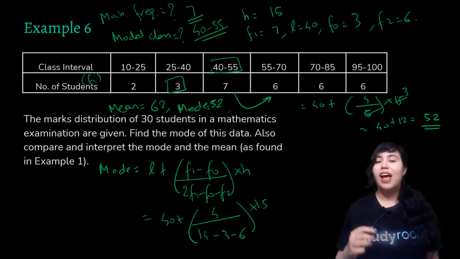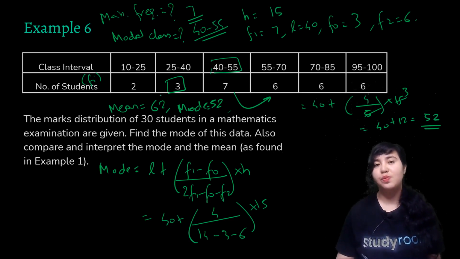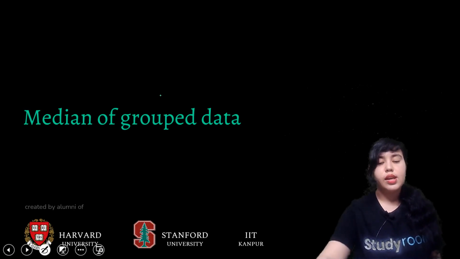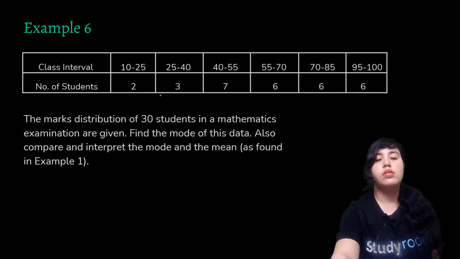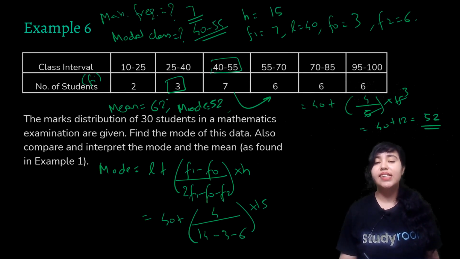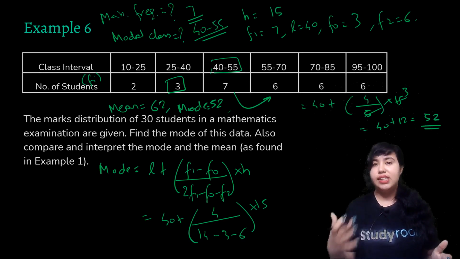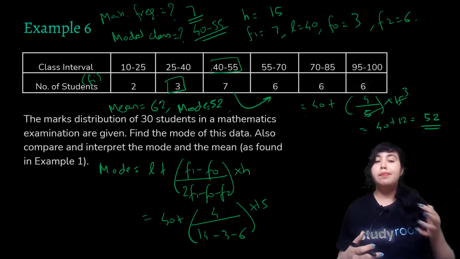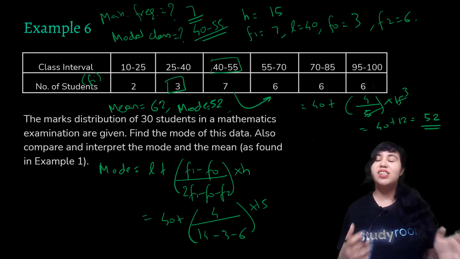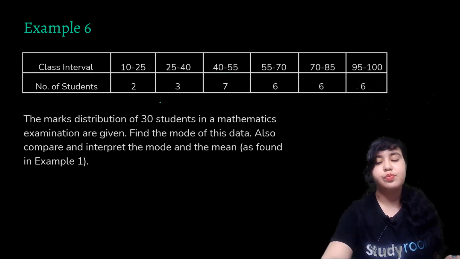So maximum students scored 50 marks and the average marks of the class were 62. Here the mode turned out to be lesser than the mean, but it's not necessary. Mode can be greater than the mean, equal to the mean, or less than the mean. It just depends on your question.